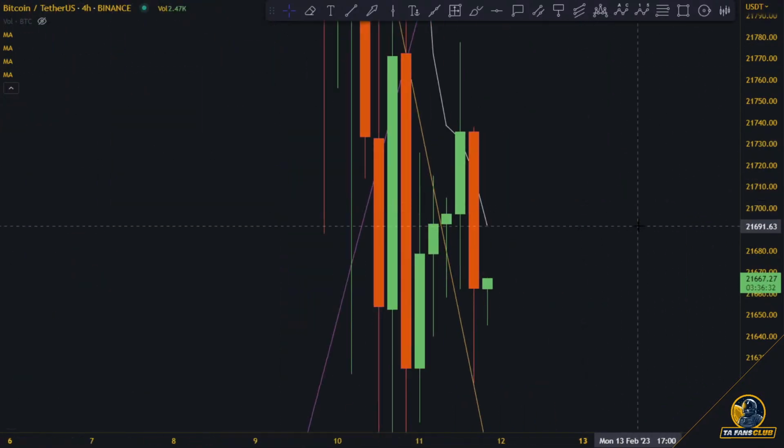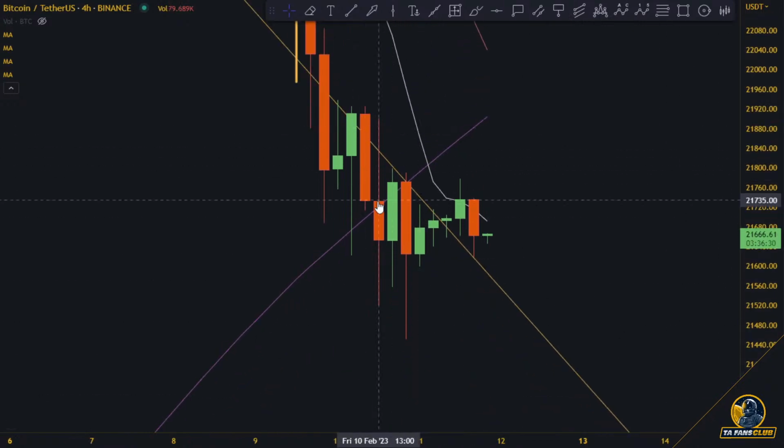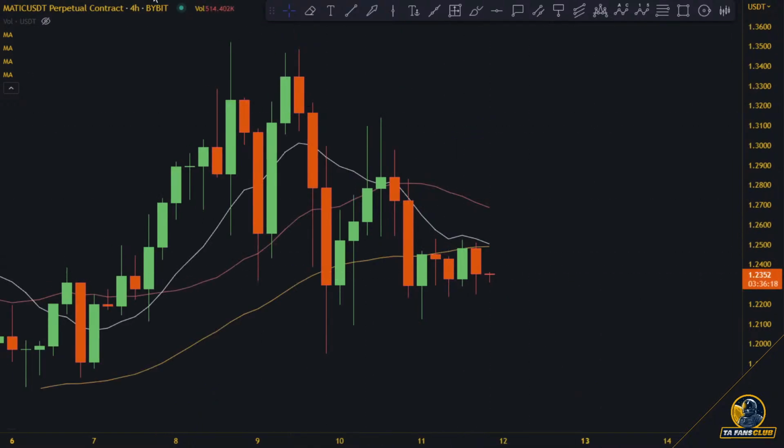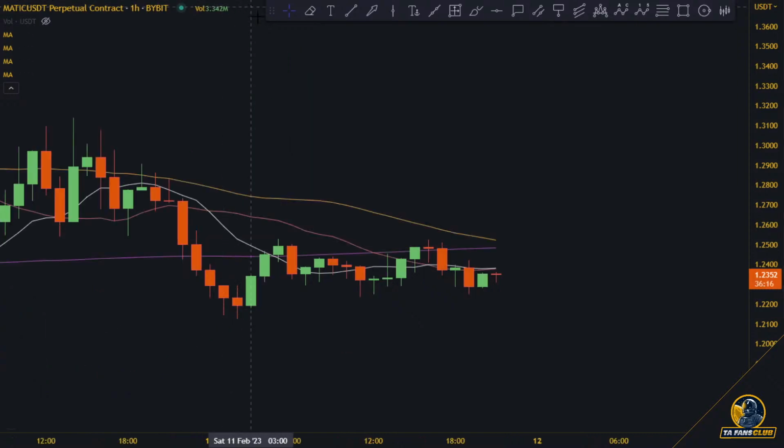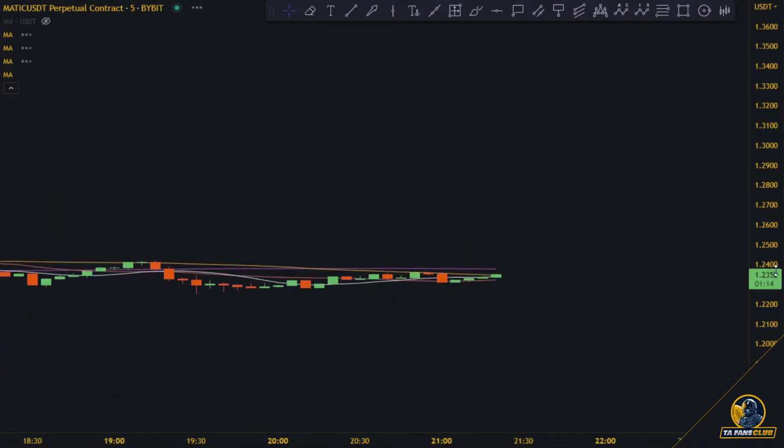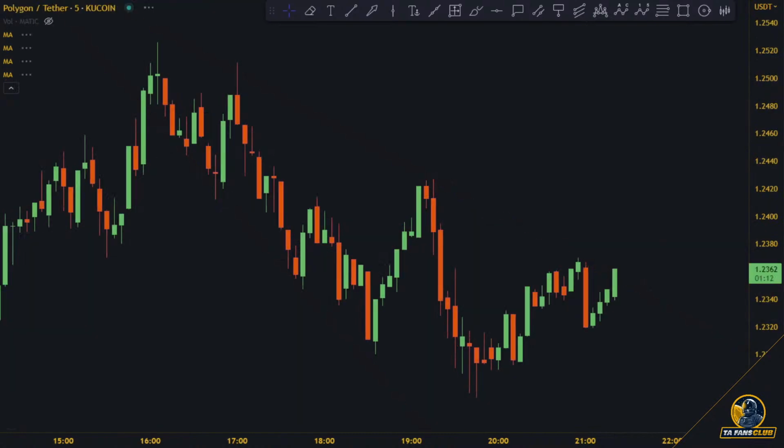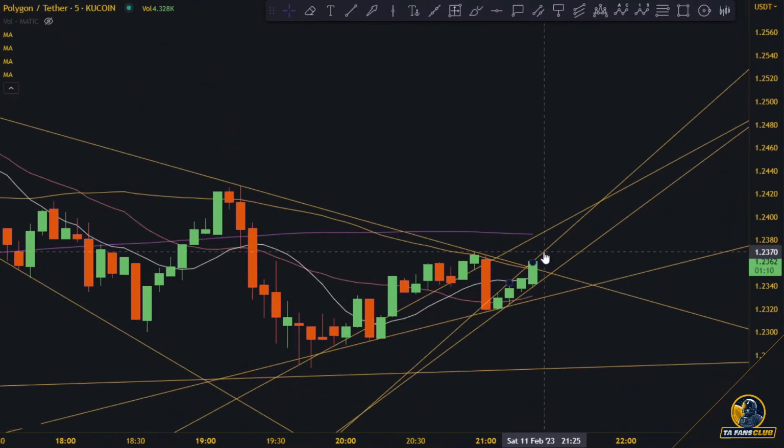And I was just thinking, every time we had this bearish engulfing candle over here, we get a green candle, a bearish engulfing green candle. So just because you have a bearish engulfing candle doesn't mean that you cannot have a green candle. That means Matic might be a good option to long. Yeah, it's going up.